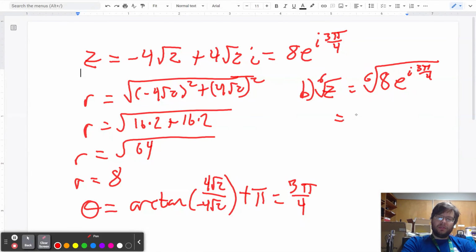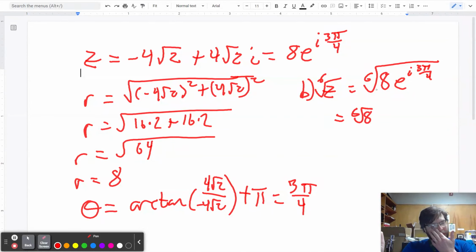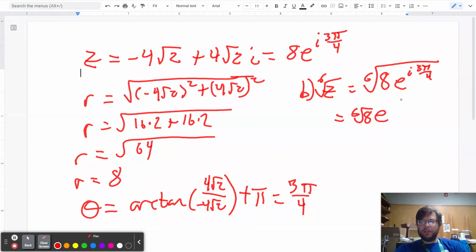So the sixth root of 8, I'll deal with that in a second. What can we even do with the sixth root of 8? Well, let me think on that for a second. The angle here is just going to be 1/6 as big.